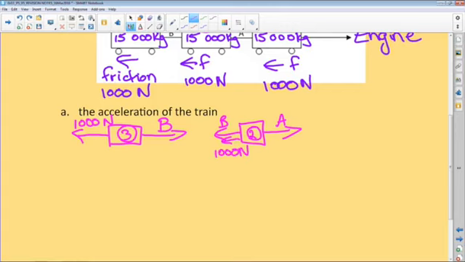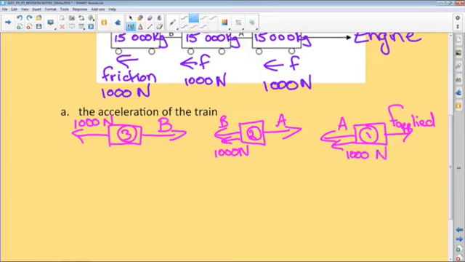Okay? And for block number 1, I've got my applied force. So I'm going to say force applied. I've got A acting in the opposite direction, and I've got my 1,000 newtons of friction. Okay, so those are my 3 diagrams.